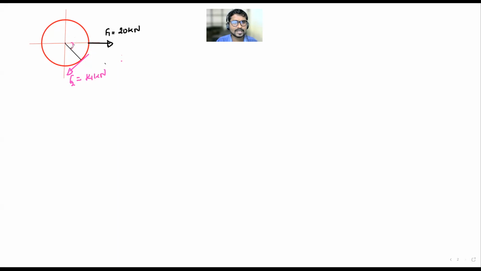Angle for this line, how much should I take? Tell me the angle. 60 degrees. Then the third force, F3, along the negative x-axis. What magnitude? 50 kilonewton.